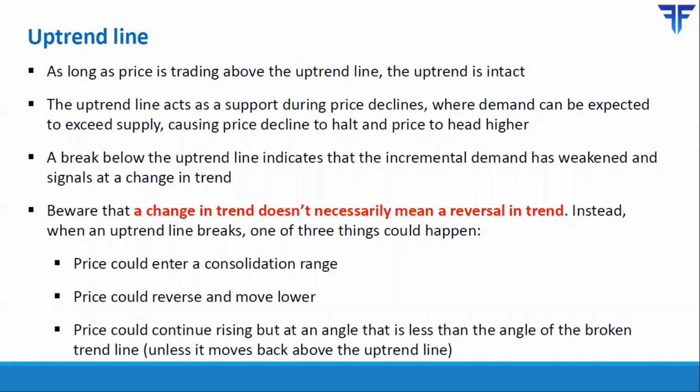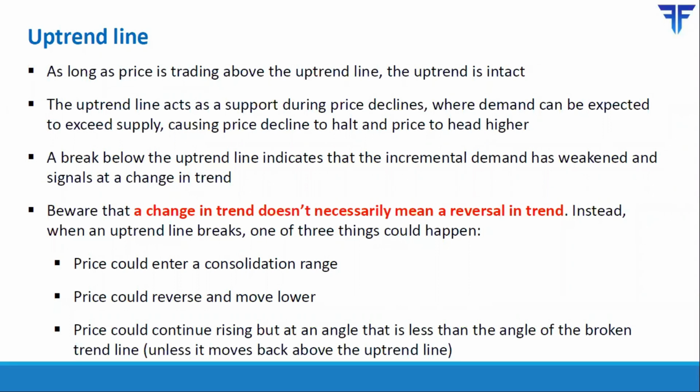So whenever an uptrend line breaks, one of these three things could happen. Number one, price could enter into a consolidation zone. Number two, price could reverse its trend from up to down and start declining. Or number three, price could continue rising, but at a less steeper angle than it was previously rising before the trend line breaks.